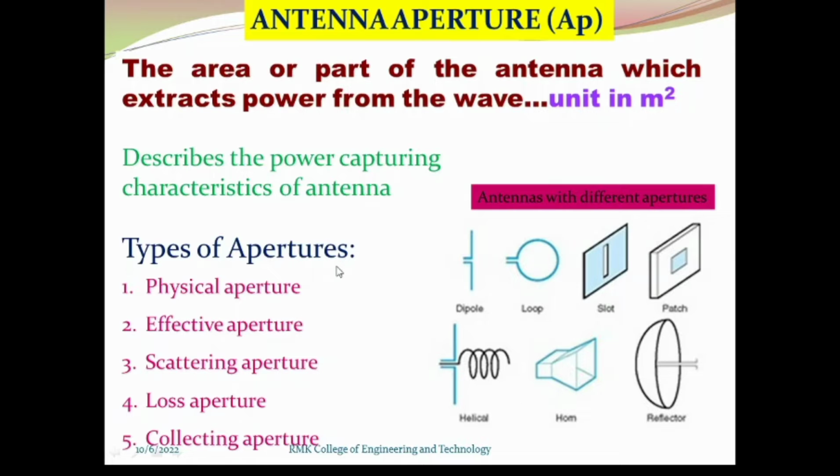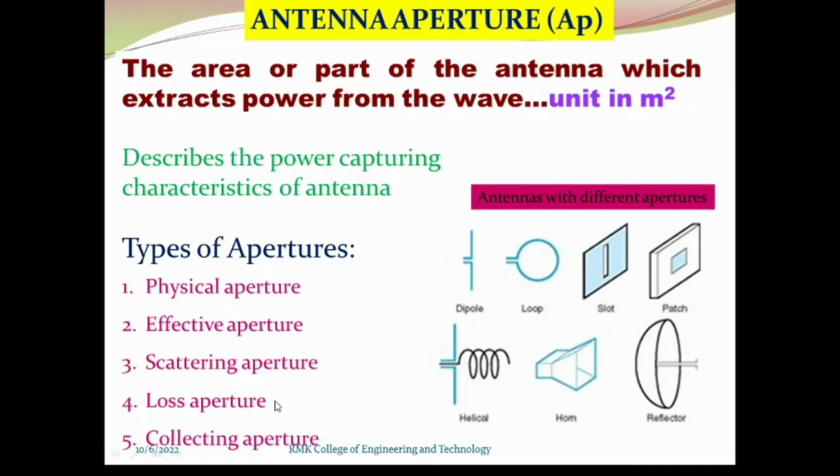What are the types of apertures? One is physical aperture, and the others are effective aperture, scattering aperture, loss aperture, and collecting aperture, right? Physical aperture says about the physical dimension of the antennas, while effective aperture says about the aperture over the physical length or physical dimensions. Scattering aperture is the calculation of power scattered by the antenna.